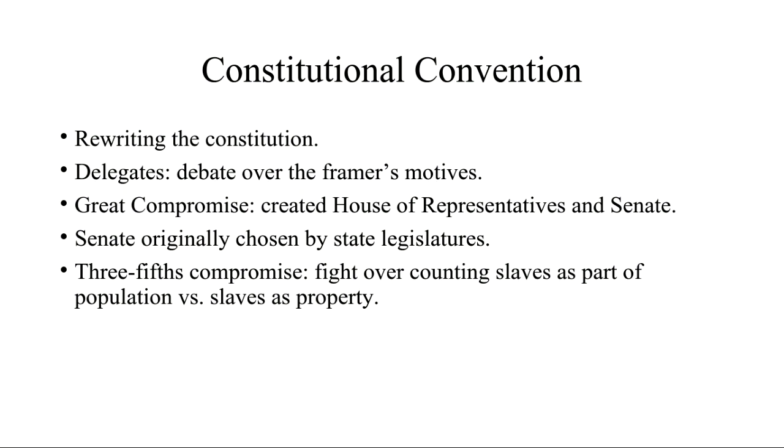That was a compromise for the large states. For the small states, the compromise was the Senate. Equal number of senators, no matter how large the state. That's why Texas only gets 2 senators, despite being 5 or 6 times the size of Rhode Island. It was a way to keep the big states and the small states happy.